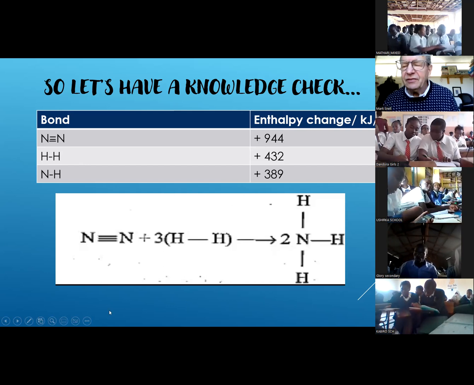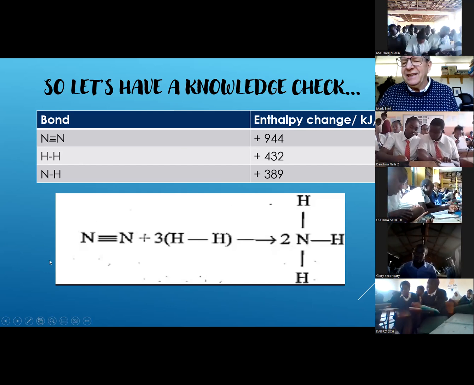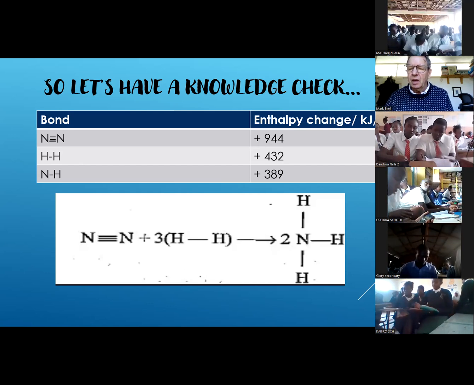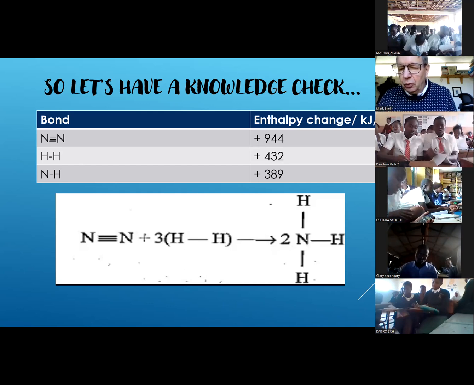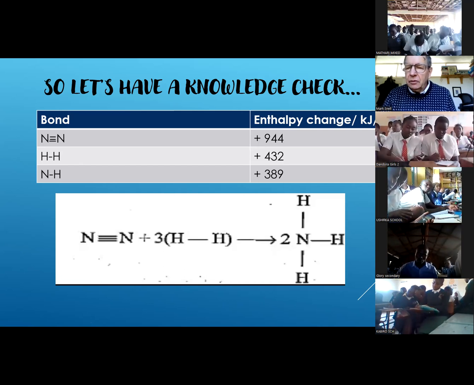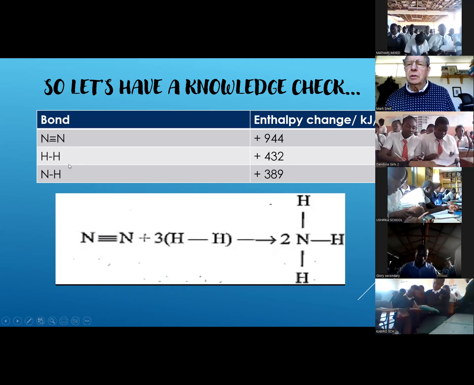And all of that left-hand side will be positive because it is endo. We are breaking the bonds, endothermic, positive sign. And then we have to add up all the ones on the right-hand side. They are making new bonds, so they will be negative. They're exothermic. Endo, exo.